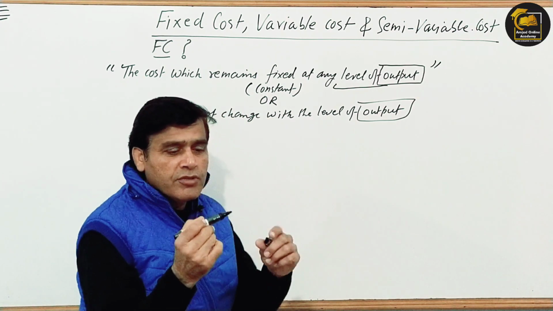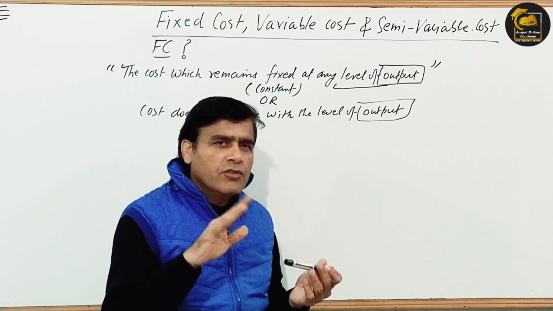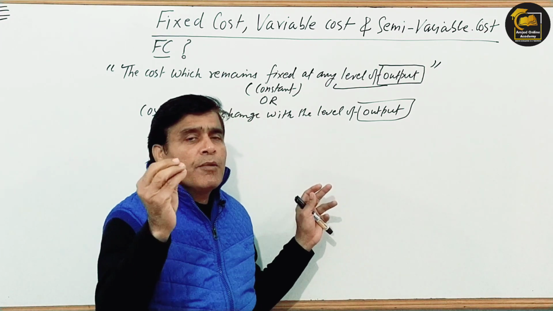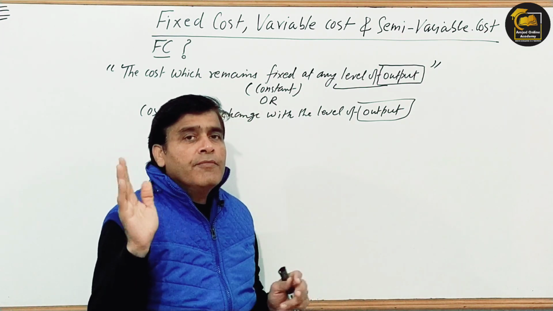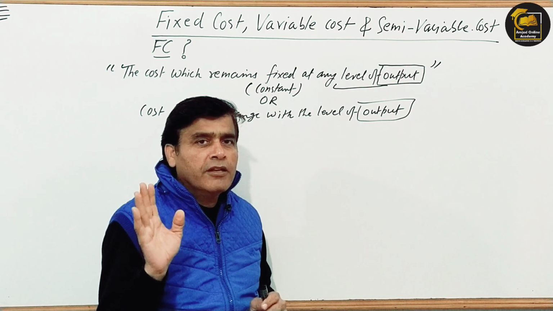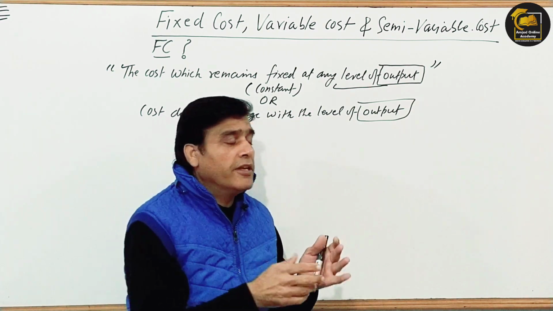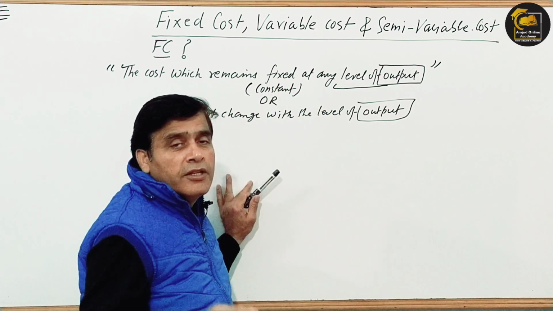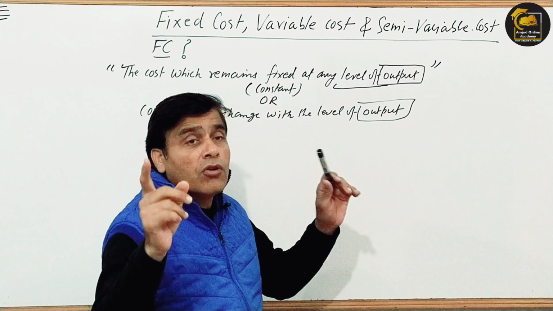Suppose I'm going to produce this marker, as I always give you the example of the marker. So I'm going to produce any kind of plastic product. I will establish a plant and machinery will be there. The entire set of machinery will be there. So that plant, the entire factory I'm talking about, will have the total installed capacity.